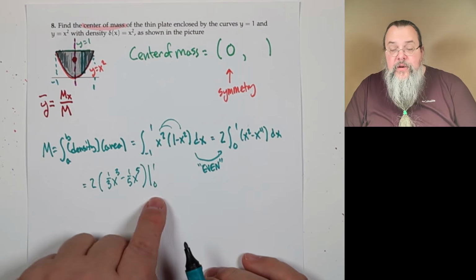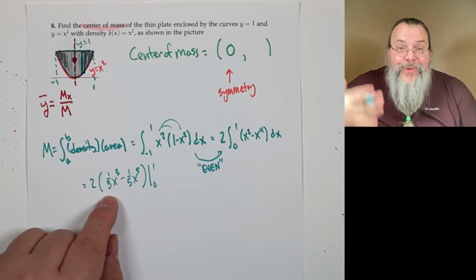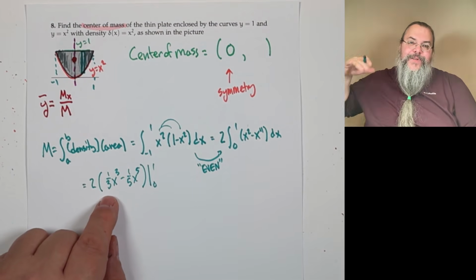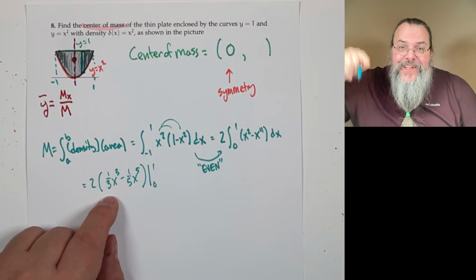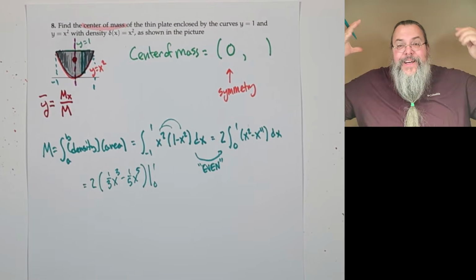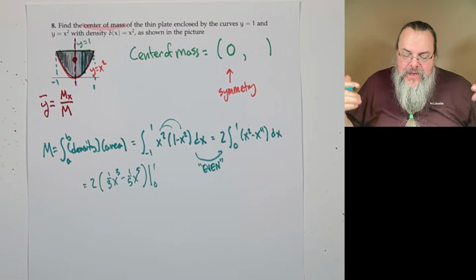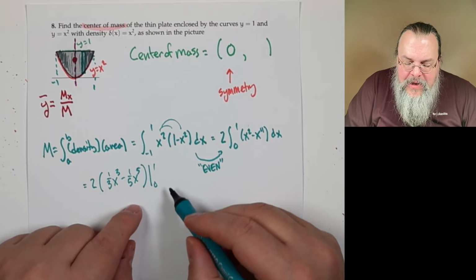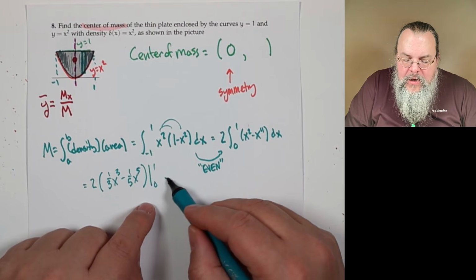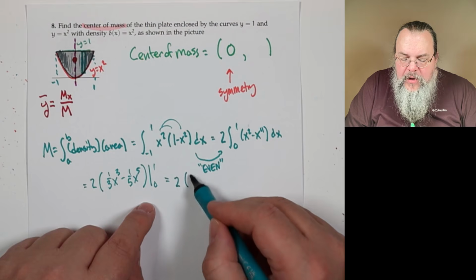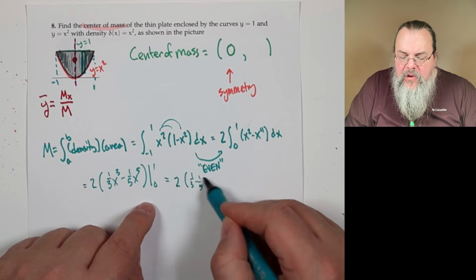And if you plug in 0, you get zeros. That's why we like to use symmetry, because we get more zeros. 0 is a friend. It's a wonderful ally. And so when you can get it, use it. All right, when you plug in 1, this becomes 2 times 1/3 minus 1/5.